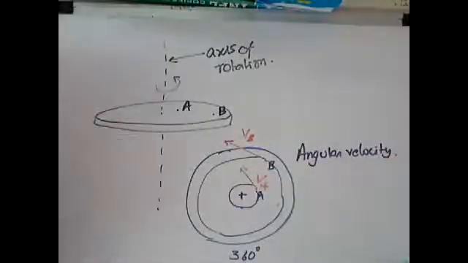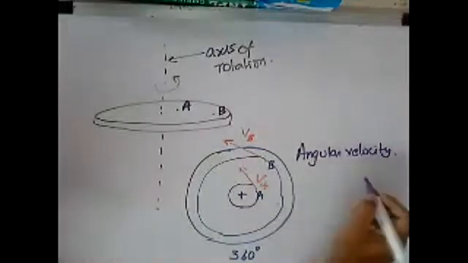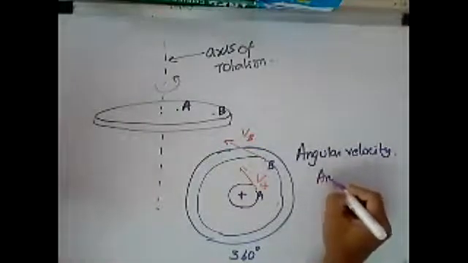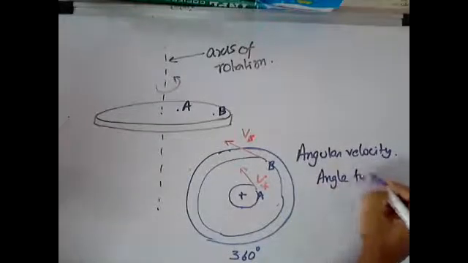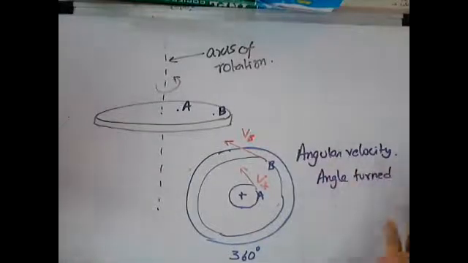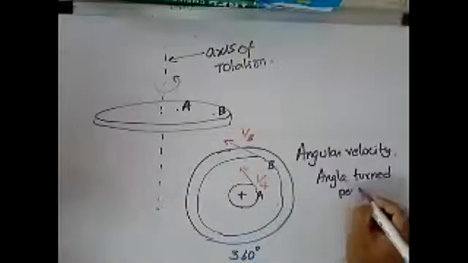We define the angular velocity in the simplest terms possible by saying angle turned per unit time. So we can say it in terms of angle turned or subtended per unit time.